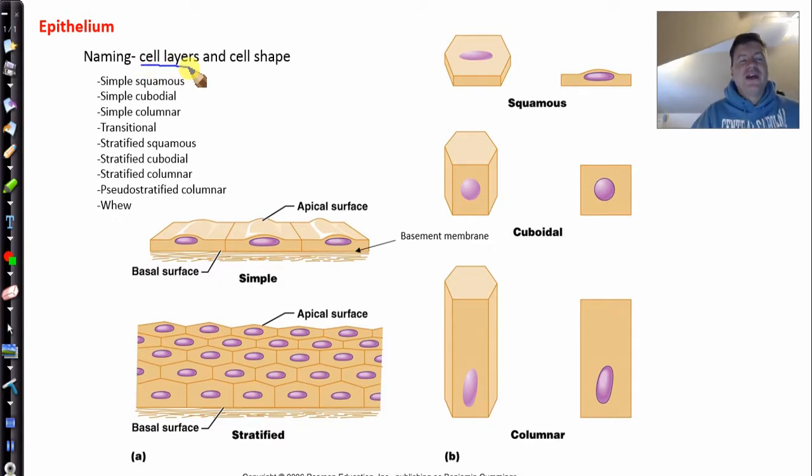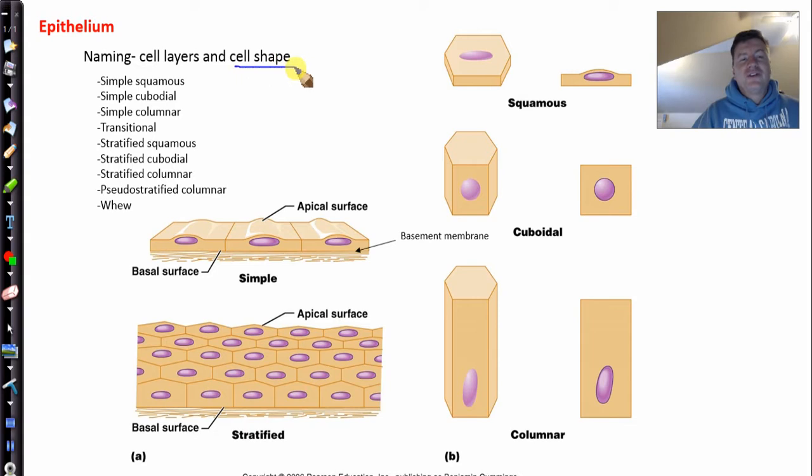We refer to that as either simple or stratified. So if something is a single cell, only one layer thick, we refer to that as a simple epithelium. If it has multiple layers, as you see down here, we refer to that as a stratified epithelium, which means multiple layers. So one part of an epithelial name will refer to the number of layers.